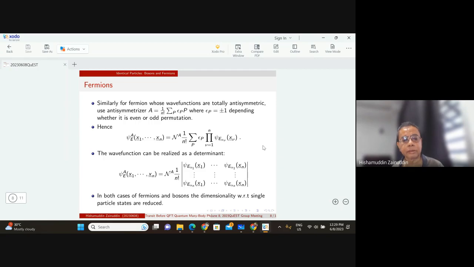You can probably see this from the point of view of spin states. If you take the tensor product of two spin states, the dimensionality is actually 4, but you can break it down into the antisymmetric part, which is dimension 1, and the symmetric part, dimension 3. So you reduce the dimensionality of the Hilbert space.